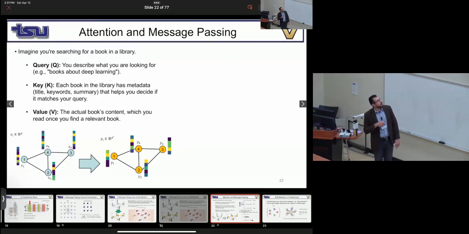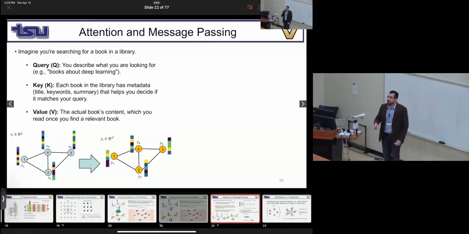Each book has metadata that talks about the title, some keywords, and so on, right? So what do you actually do? You try to find the keys that are aligned with your query, right? I want to find books that are about deep learning. So you look at all the metadata for the different books, and you do a search based on that, and you retrieve a set of relevant books based on the query that you have.